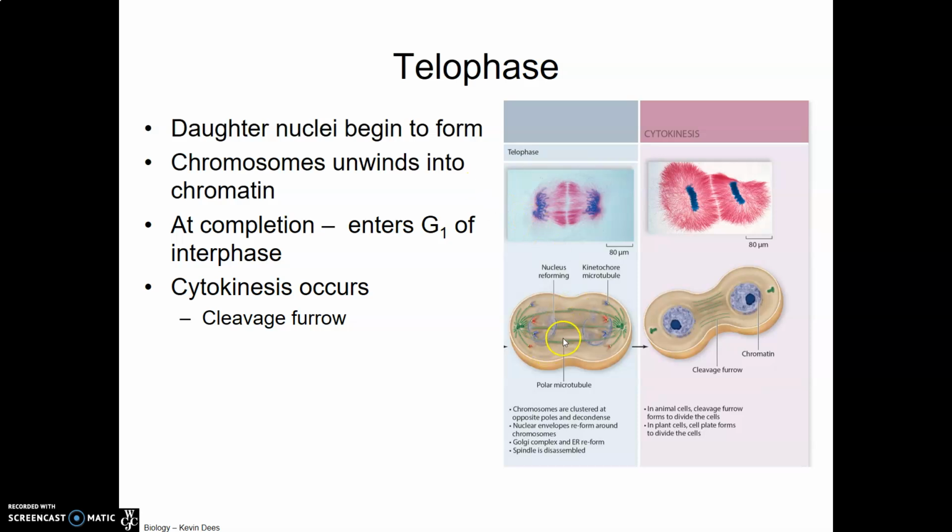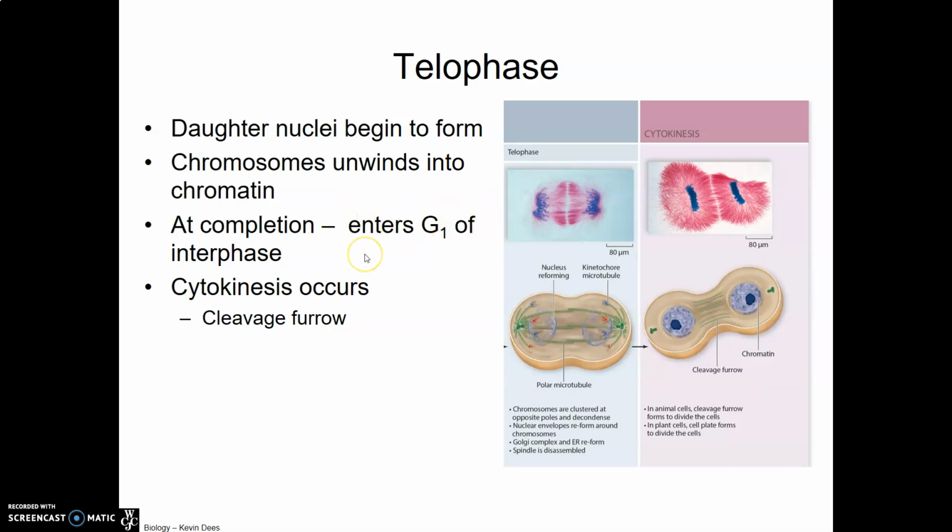A nuclear envelope will begin to encircle the chromosomes at either pole of the cell, and we will continue to see the constricting of the cytoplasm as our cleavage furrow continues to separate the two cells during the process of cytokinesis. As soon as the telophase portion of the cell cycle is done, the cells will enter gap 1 of the next interphase.